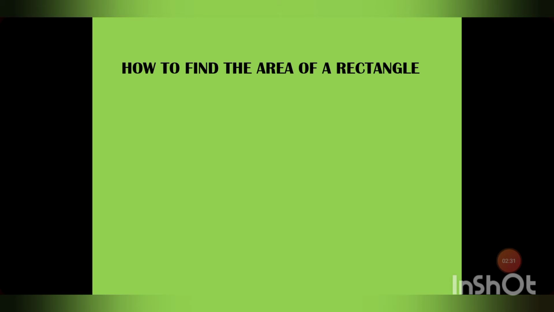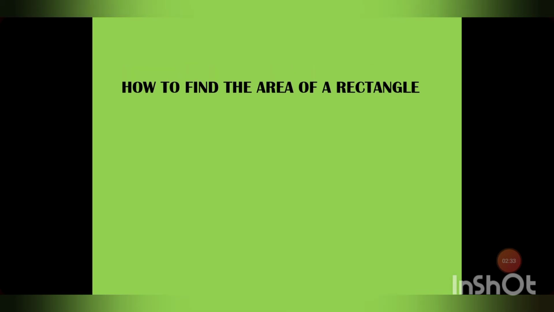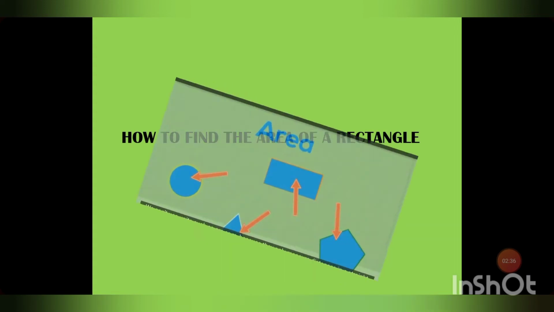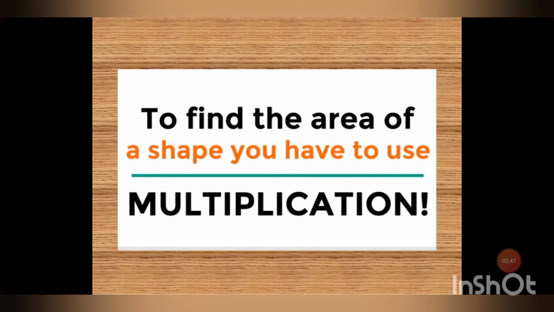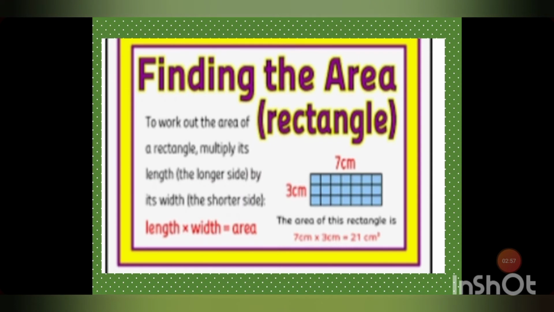How do we find the area of a rectangle? Having said that the area is the space inside the shape, how do we find the area? Is there a formula? Well, to find the area of a shape, you have to use multiplication. So, let's take the area of a rectangle, for instance.